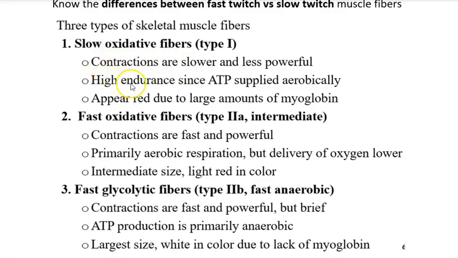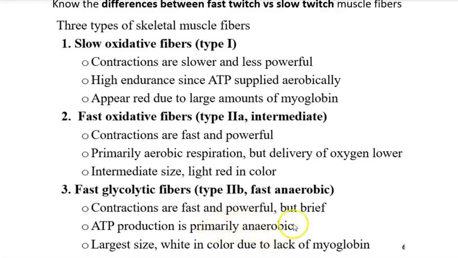There's going to be high endurance since ATP is supplied aerobically, and they're going to appear red due to large amounts of myoglobin. So these are going to be your endurance muscles. Whereas the fast fibers, the contractions are fast and powerful but brief. ATP production is primarily going to be through anaerobic processes, okay, so glycolysis.